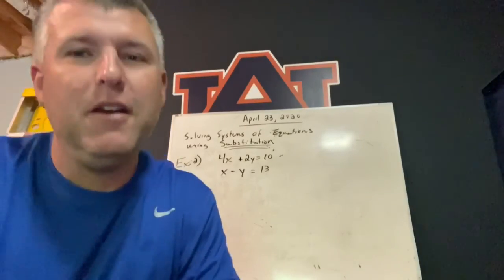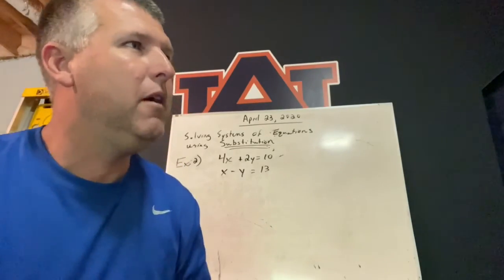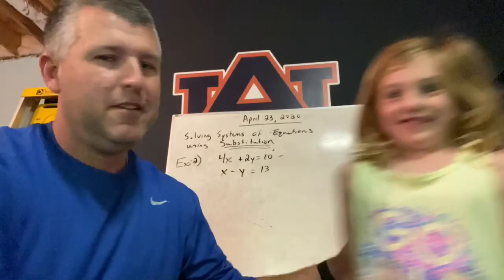Next up, we've got my daughter. Come on. So this is my daughter. Will you tell them your name? Peyton Elizabeth Wright. How old are you, Peyton? 6 years old. And what have you been doing since we've been out of school?